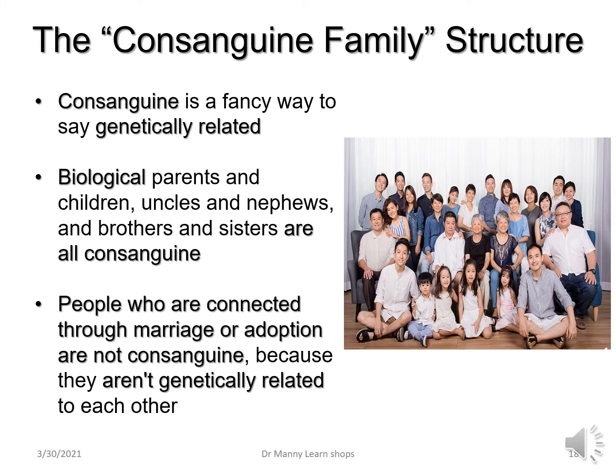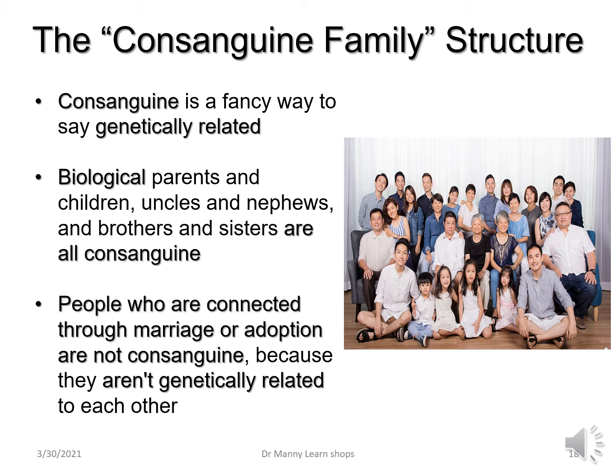The consanguine family structure is a fancy way of just saying genetically related. Biological parents and children, uncles and nephews and brothers and sisters are all considered consanguine, genetically related.